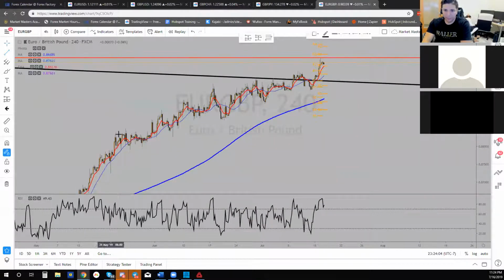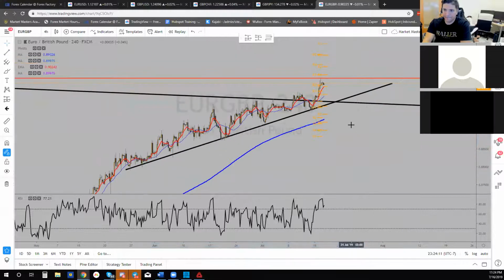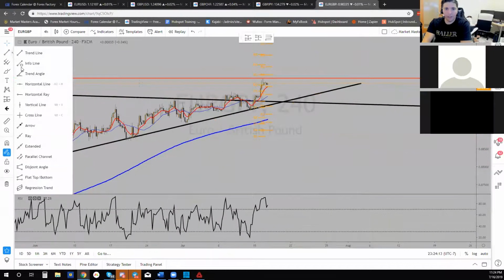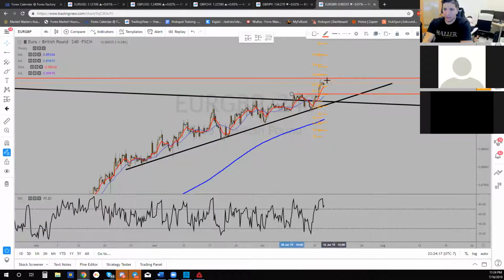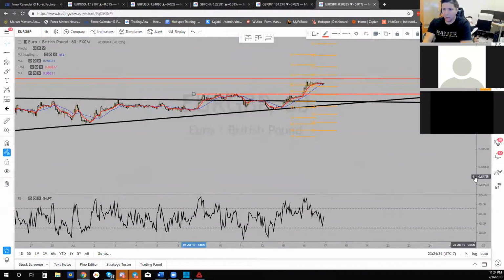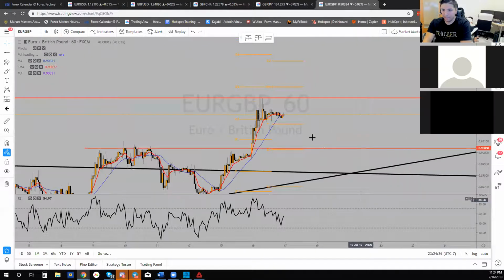Okay, so I'm going to get the support line since overall it's in an uptrend. We do have resistance line being right there. It's already at a resistance line, so there might be that pullback. We don't see it diverge in the 4-hour, but the 1-hour is definitely showing it.